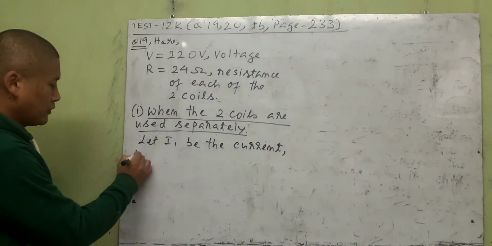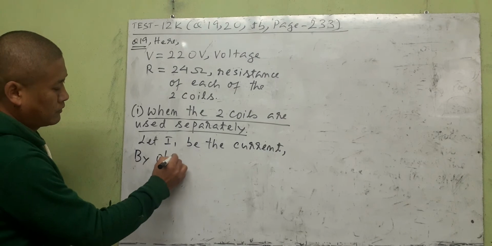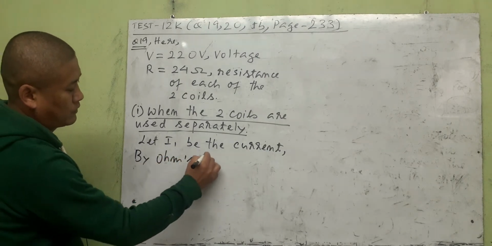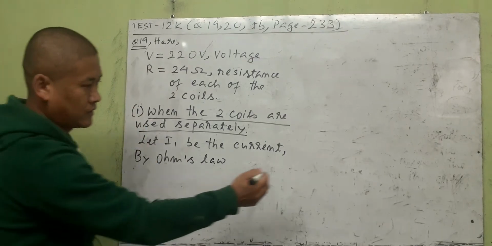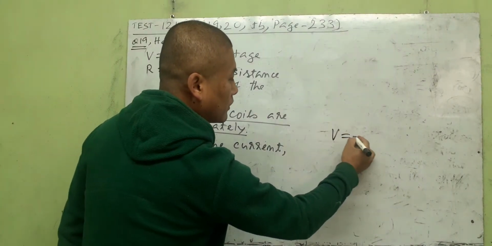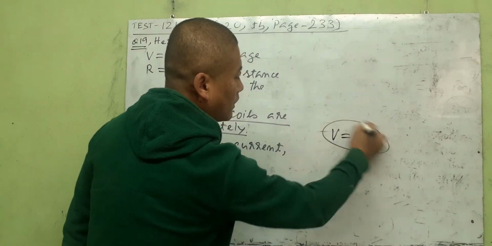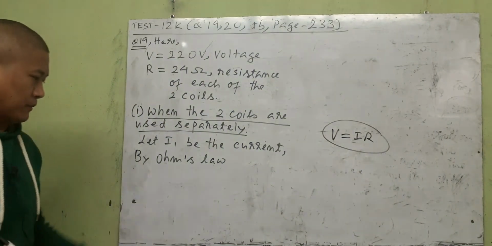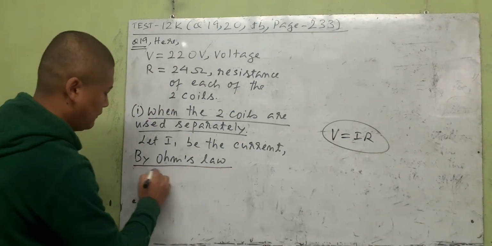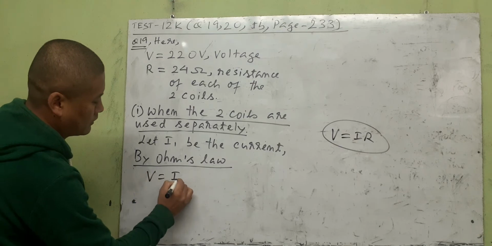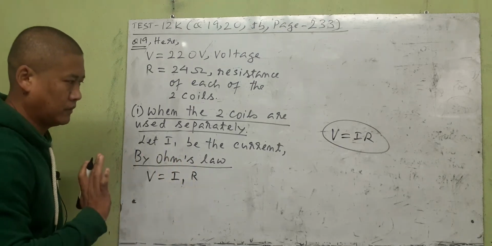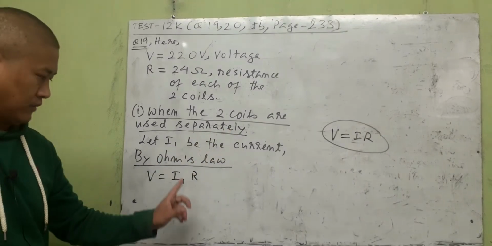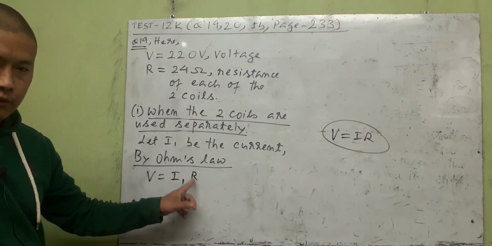Now, by Ohm's law, because this is going to involve I, V and R, the only formula that relates them is V equal to I R, the famous Ohm's law, right? So V is equal to, in our case here, I1 into R, each of them separately, so we have to take only one of them.